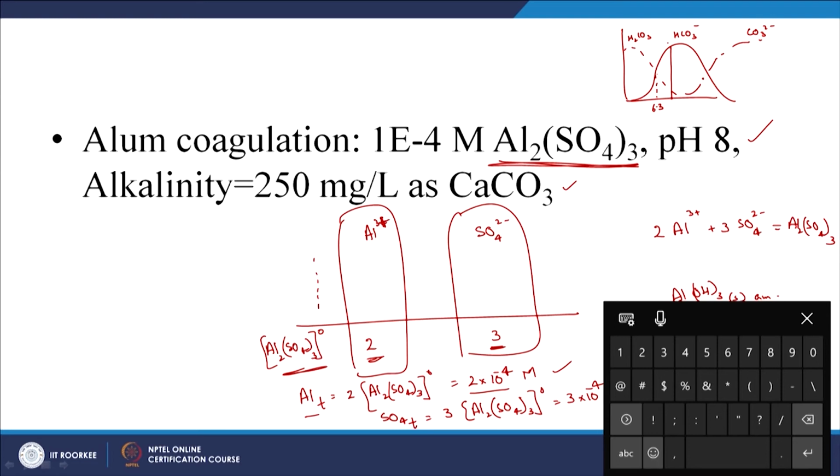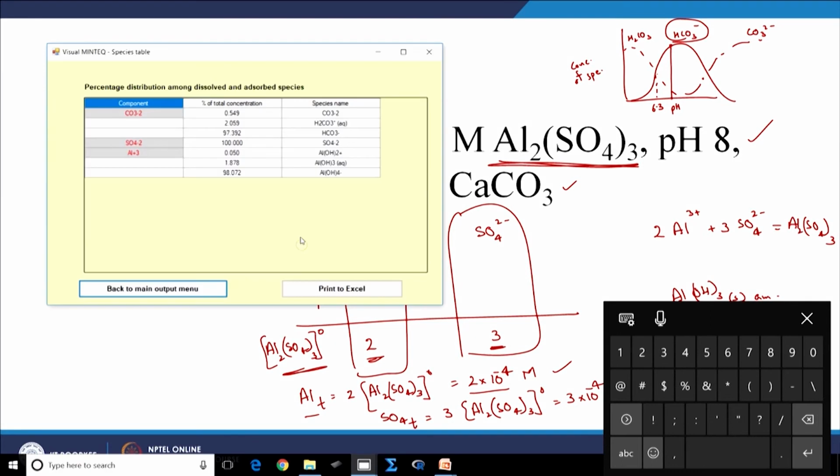So I'm going to write this as 8. So obviously what's predominating here? You know that HCO3- is going to predominate, and I believe that's what you're going to look at here. So you see that 97% is present as HCO3-, and that's what you would expect based on your knowledge of the relevant acid and base chemistry.